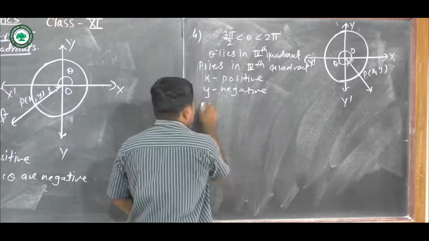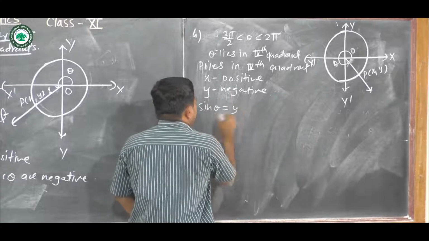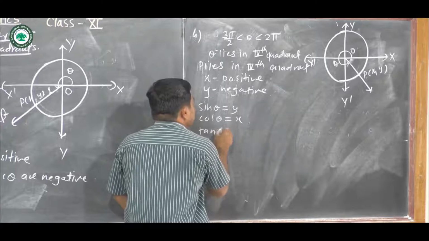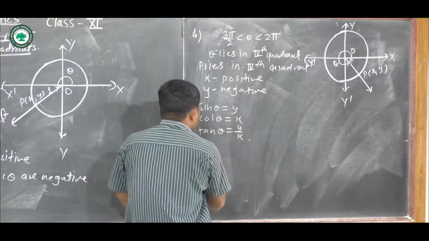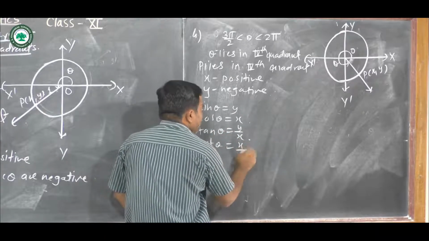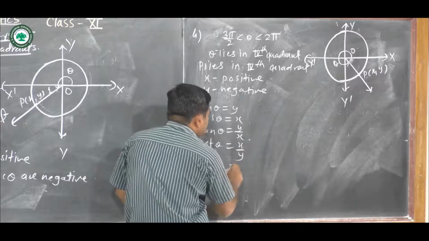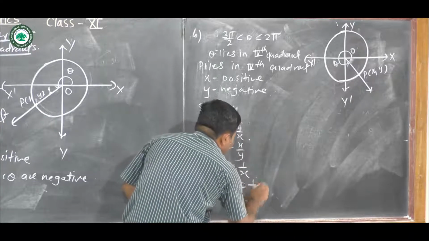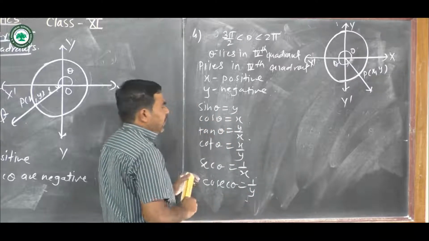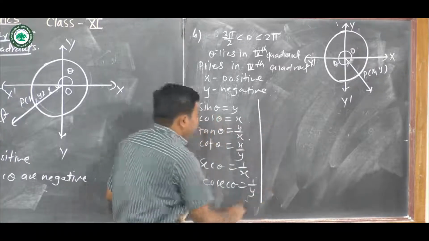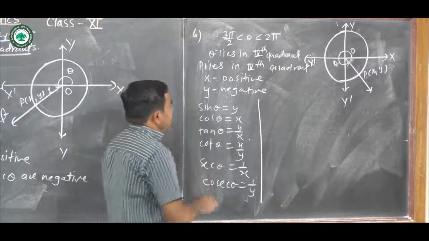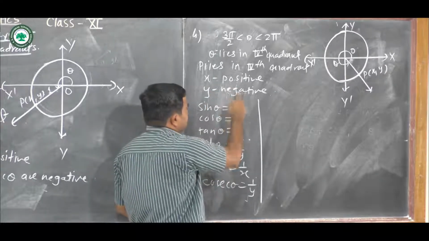Now sin theta is y, cos theta is x, tan theta is y by x, cot theta is x upon y, sec theta is 1 upon x, and cosec theta is 1 upon y. So let's see which trigonometric ratios are positive and which are negative. See here, x is positive and y is negative.